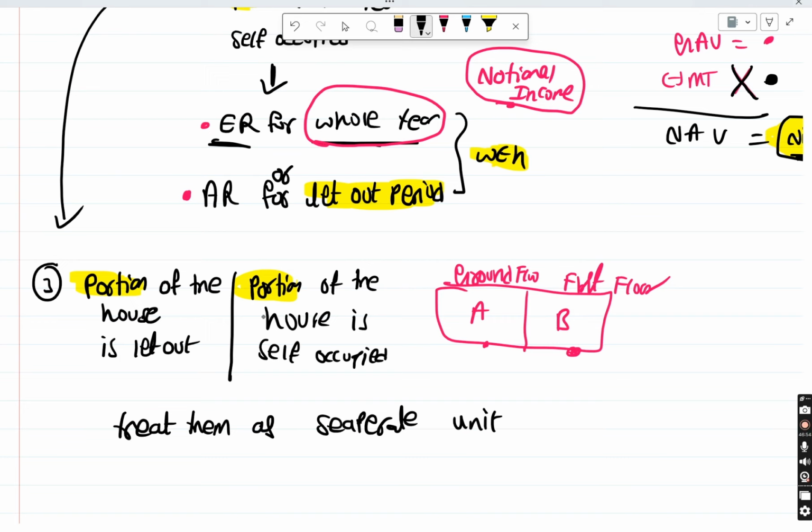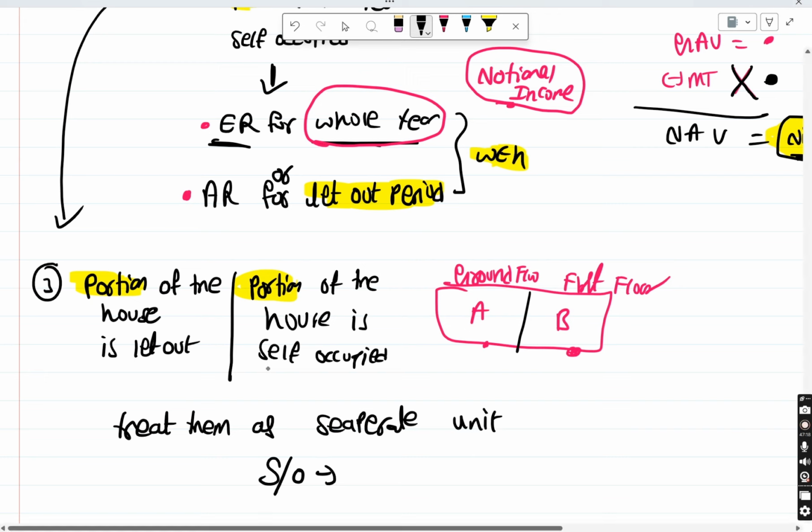Let's just say the entire house is 1000 square feet, then 500 square feet is A, 500 square feet is B, whatever it is, they will come up with some kind of measurements which we don't require now. So treat them as separate units.